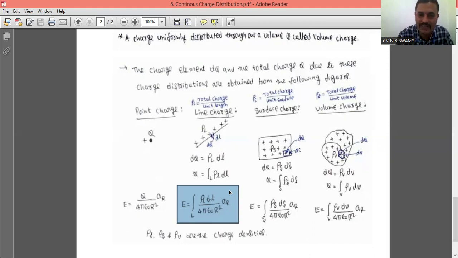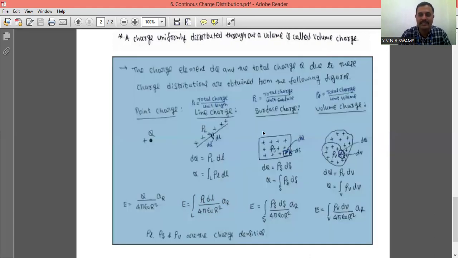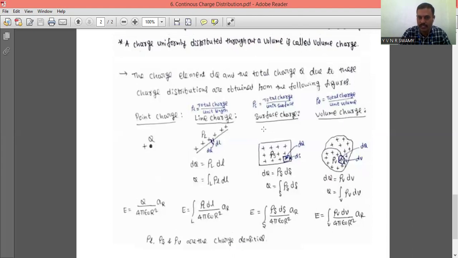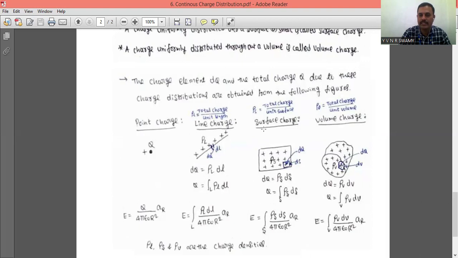In the same way, surface charge. What is the surface charge? The charge uniformly distributed over a sheet or surface is called surface charge. Then what is the surface charge density? Surface charge density can be defined as the total charge per unit surface.